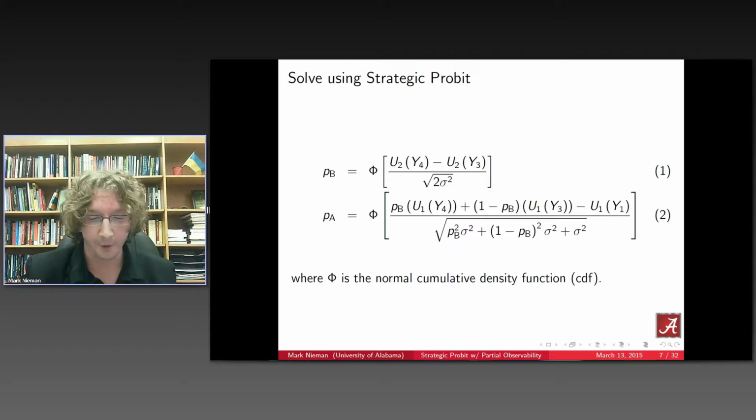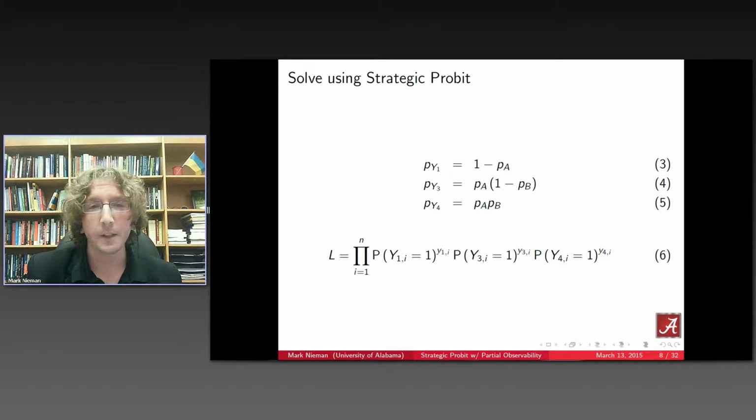So the first term is the action of taking A: the probability of B times the outcome Y4, plus 1 minus the probability of B times the outcome of Y3. That all is taking action A, and you subtract that from taking action not A, over some level of uncertainty.